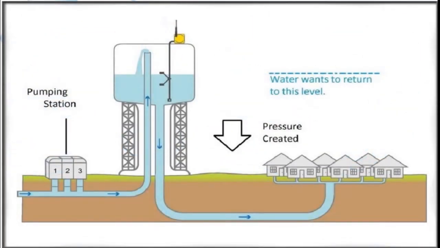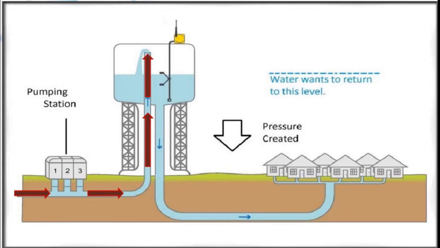Observe this picture. See here, the pumping station is there and the water tower is there, and from there the settlement is there. Okay, now water enters the pumping station, and from here the water is lifted up with the help of the machine, and it collects in the water tower tank.